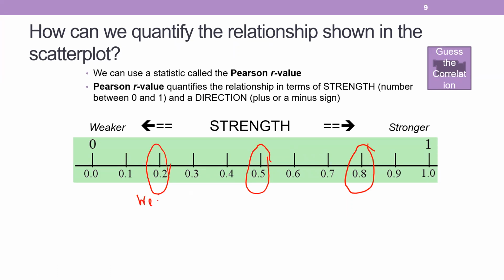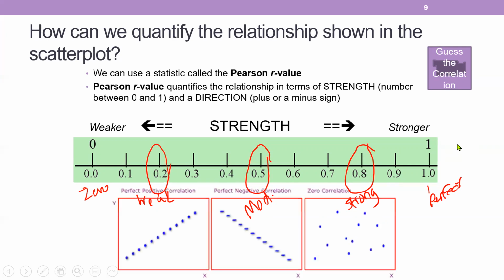Weak, moderate, strong. This is perfect. This is 0. Nothing going on here. And all we do is add the plus or the negative sign. If it's a negative relationship, we put a negative sign in front of it. And those are some examples.